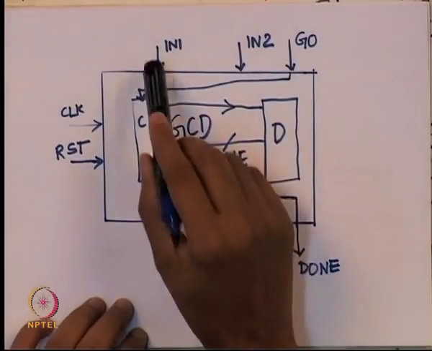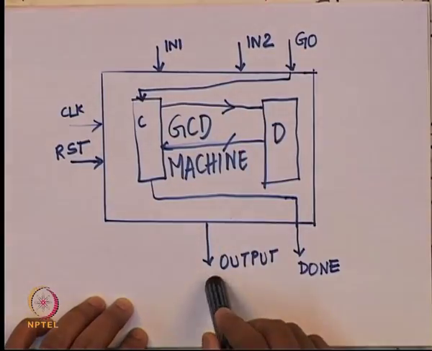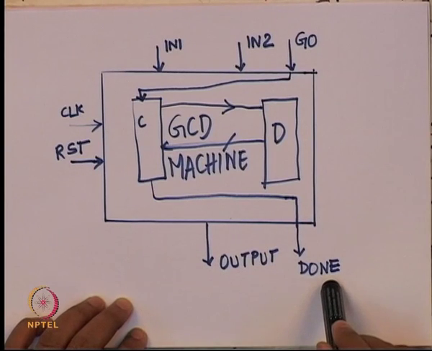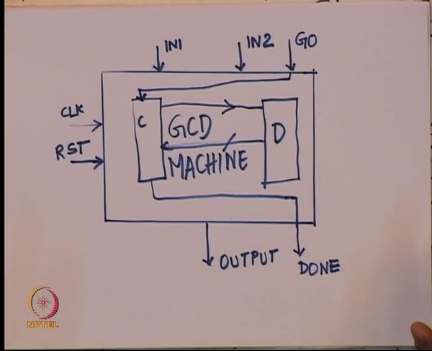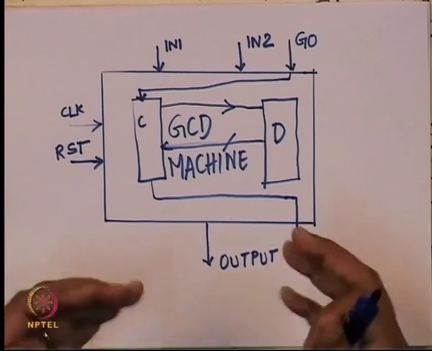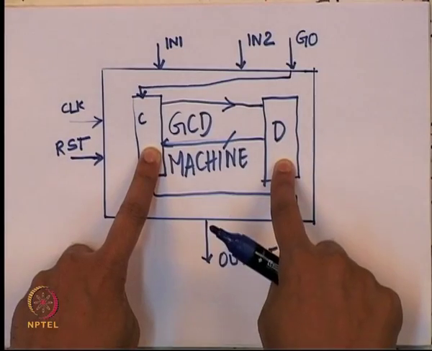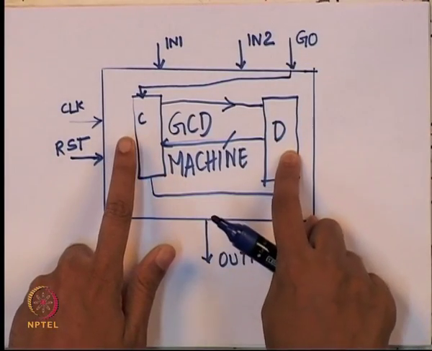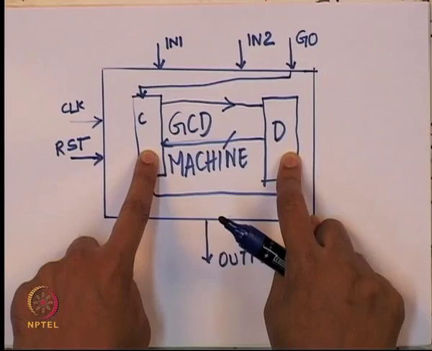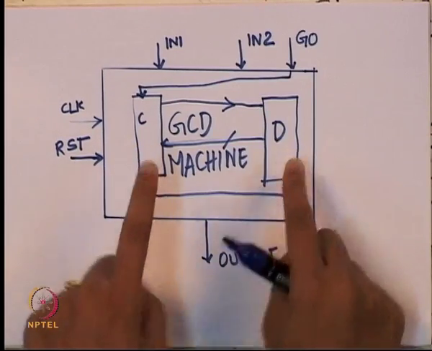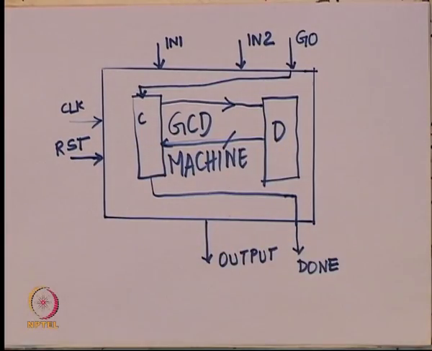It takes only these inputs, the clock, reset, input 1, input 2 and go, and it produces two outputs, output and done. That is all we need from the system. As we dig deeper, we will see how to design the controller, the data path, and the different elements inside them. We will decide all of that as we proceed.